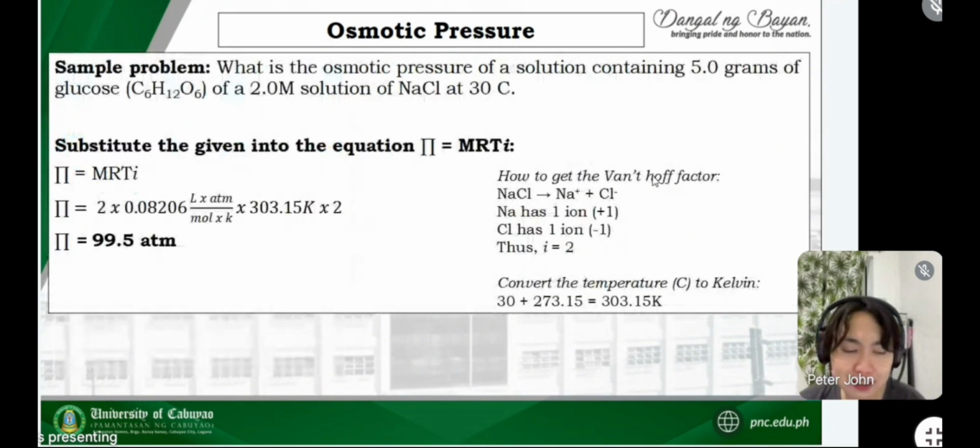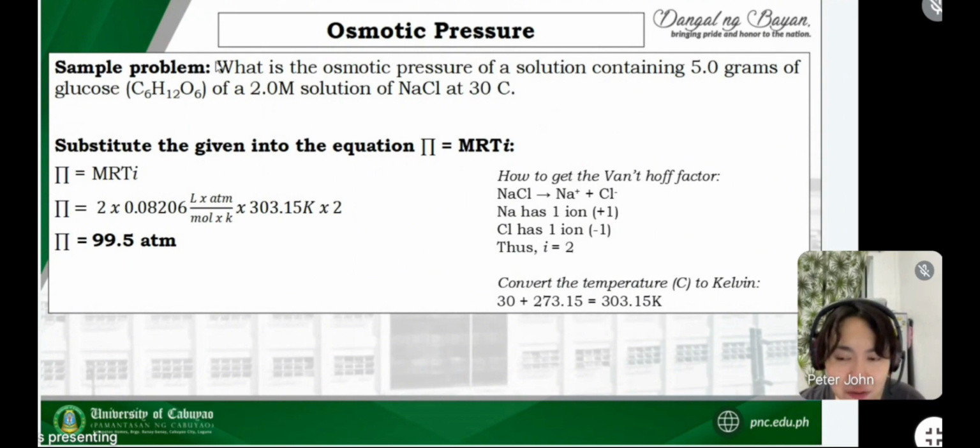So, let's try for this. A sample problem: what is the osmotic pressure of a solution containing 5.5 grams of glucose in a 0.0 molar solution of sodium chloride at 30 degrees Celsius? As you can see, class, we will use glucose, so glucose is a solute here.